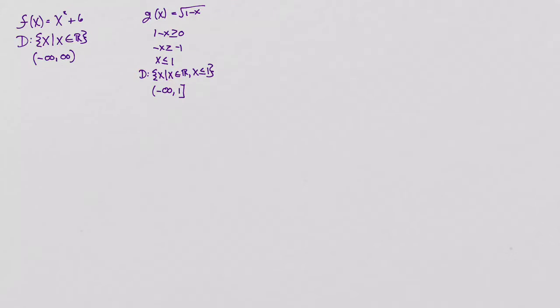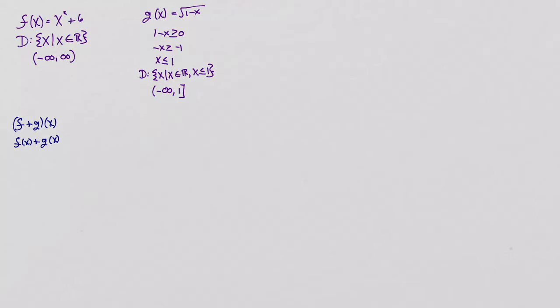So now we have our domains of both functions. So let's look at my first example of f plus g of x. What this really means is that you're going to do f of x plus g of x. So we want to substitute those in.